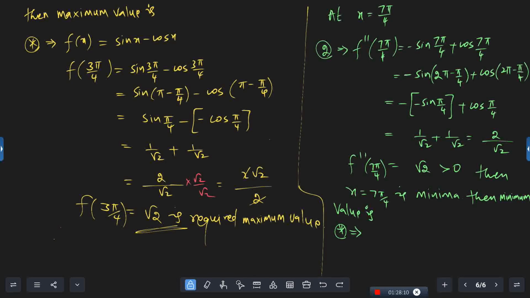What am I getting? f of x equals sin x minus cos x, we know. The x value I know is 7 pi by 4, so you substitute. Then you will be getting sin 7 pi by 4 minus cos 7 pi by 4. Listen, one more time I will give.